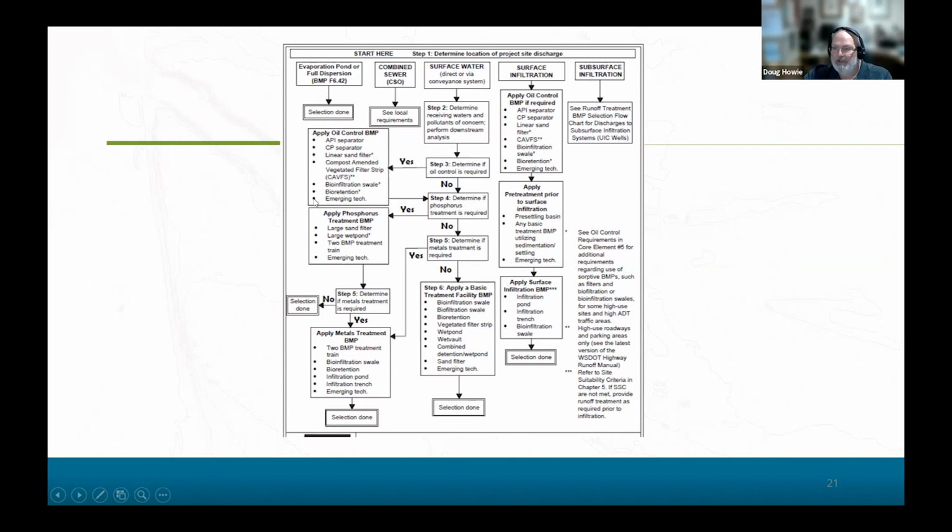And notice every one of these, the bottom bullet is emerging tech. Those are TAPE requirements. Those are BMPs that have been approved through the TAPE review process and are online on the TAPE website. Those have GULDs, general use level designations, for certain types of treatment.